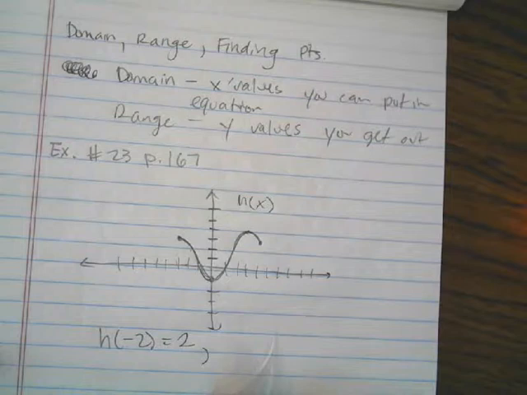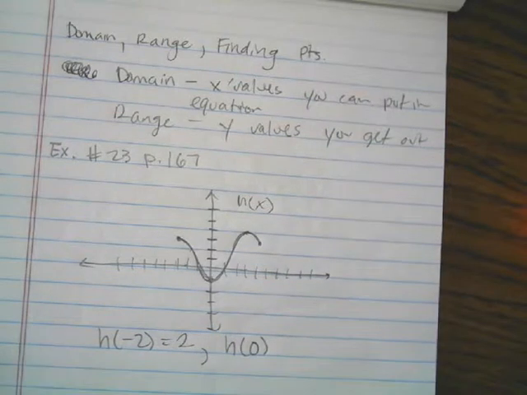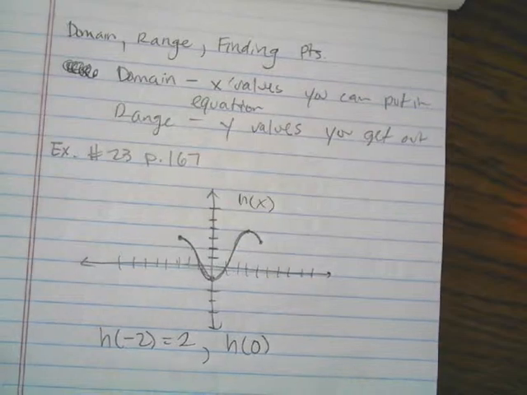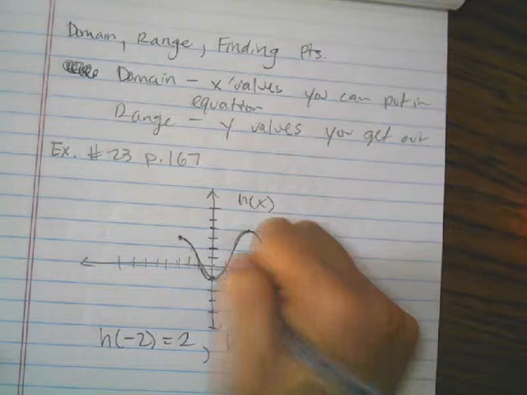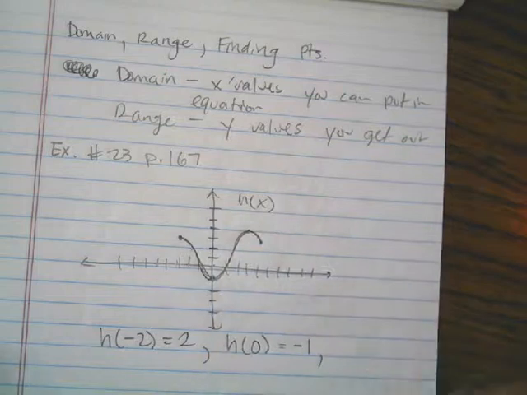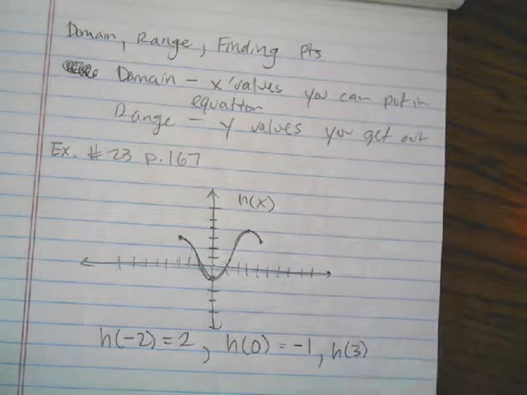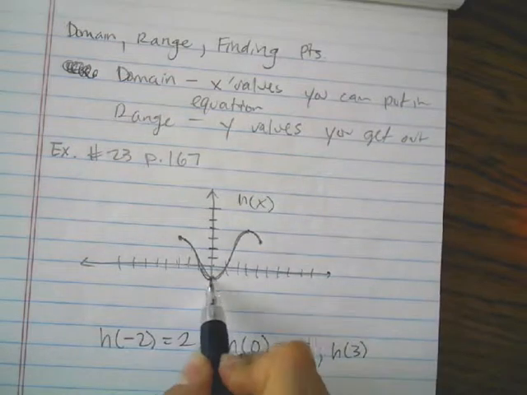If I plugged in h of 0, the x value is now what? 0. And so my y value is negative 1. So I write negative 1, because at 0, my graph is at negative 1.